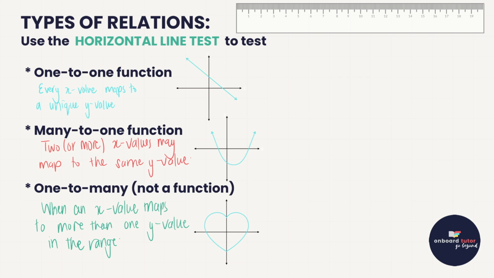Now, generally, grade 12s, what we'll do is we will use our vertical line test first to check whether something is a function or not. And once we've decided that, then we'll switch over to the horizontal line test to check whether it is one-to-one or many-to-one. Because if it's not even a function, we're not too interested in the fact that it's one-to-many, because we actually already know that based on our vertical line test.